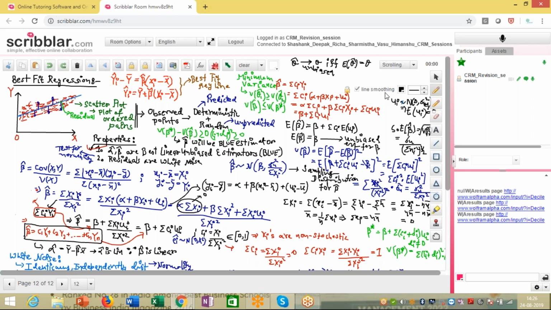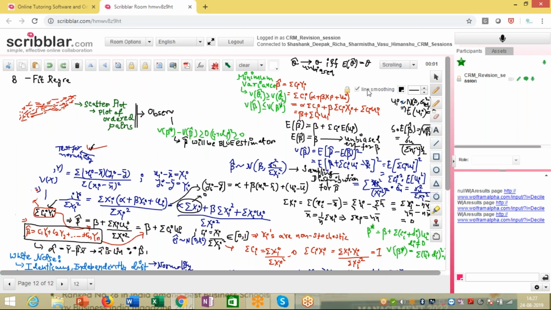In the last session, we talked about the properties of the best fit line and the key aspects of these properties. Our objective in the simple linear regression model was to estimate the parameters alpha and beta, using the estimated statistics alpha hat and beta hat, such that the sum of squares of the errors is minimized. First we estimated alpha hat and beta hat, put them into the estimated regression equation, and got the best fit regression line. Then we talked about the properties of the best fit regression line.